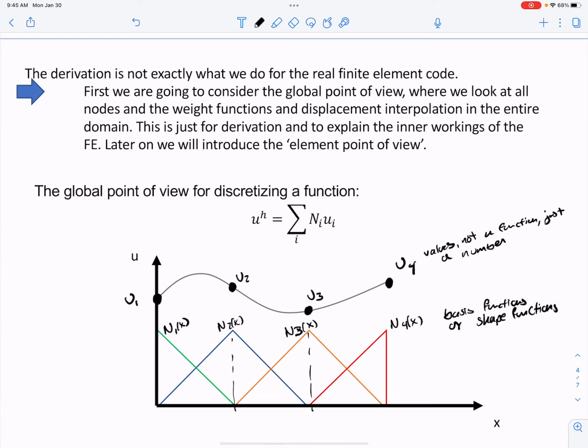Let's say that U1 is, I don't know, 2. Let's say that U2 is 2.1. Let's say that this is 1.7. And this is, I don't know, 2.6. So they are definitely not functions, they're just values.